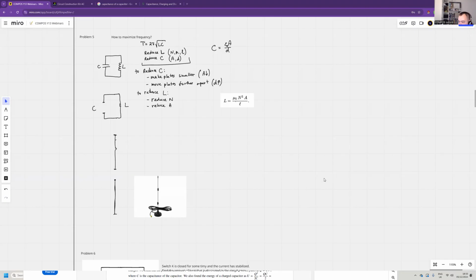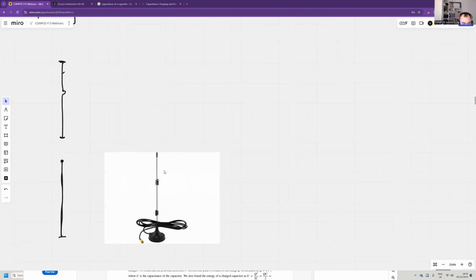The angle of the antenna, well, we call this an omnidirectional antenna, and this will produce waves that are polarized. So the electric field is up and down. So this will produce vertically polarized waves, but in all directions.